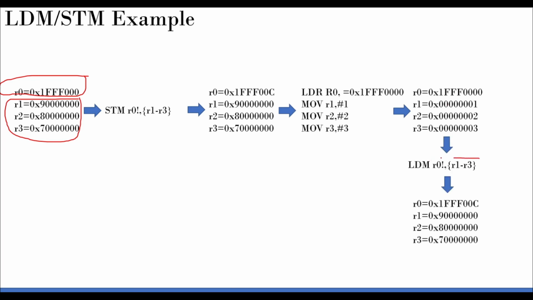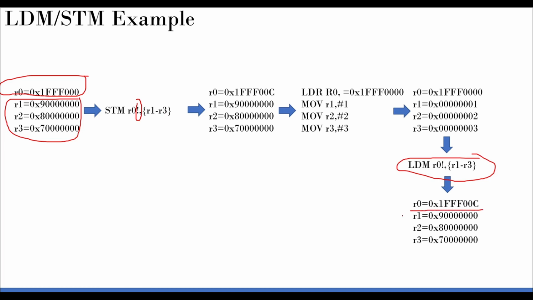And if I do this command, R0 is having this particular location. This actually means I'm going to load to R1 to R3 the content from R0. So this is going to happen. So you see R0 is incremented. I think I didn't mention, if I have this exclamation mark here, it means that R0 value will get incremented based on this particular thing. So that's what essentially happens.